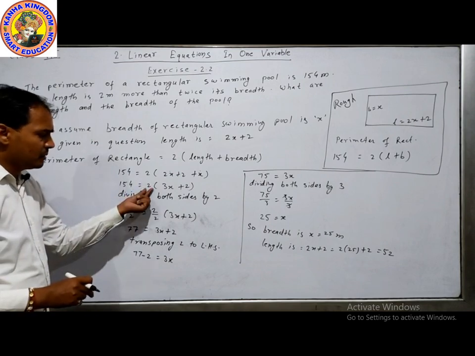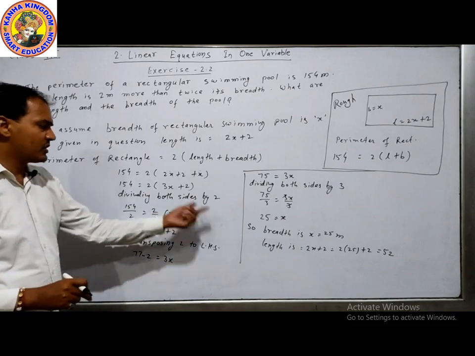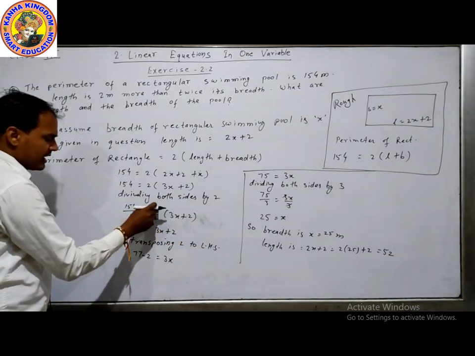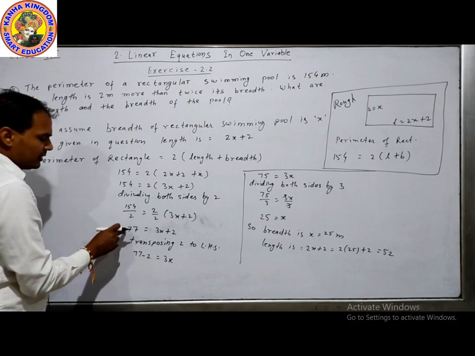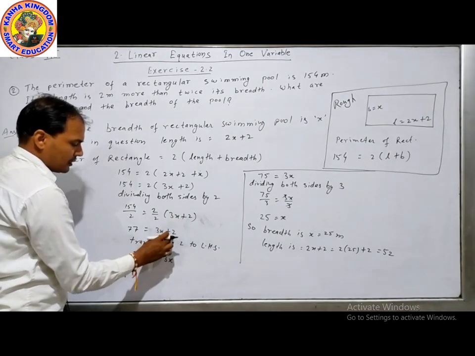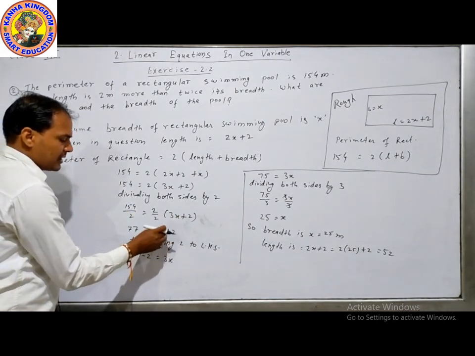We have to remove the 2. This is multiplication, so we divide. Dividing both sides by 2, the 2 and 2 cancel, and we get 77 equals 3x plus 2. Transposing 2, this is plus 2.